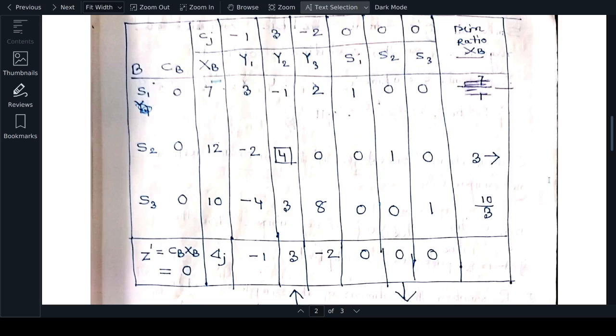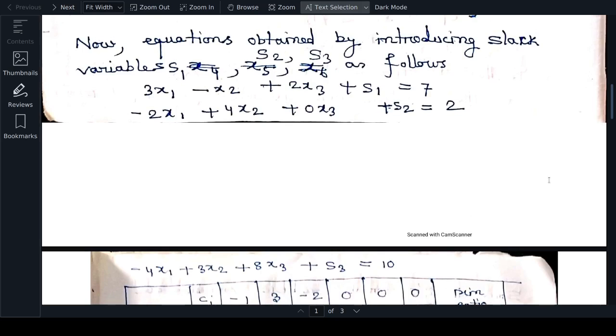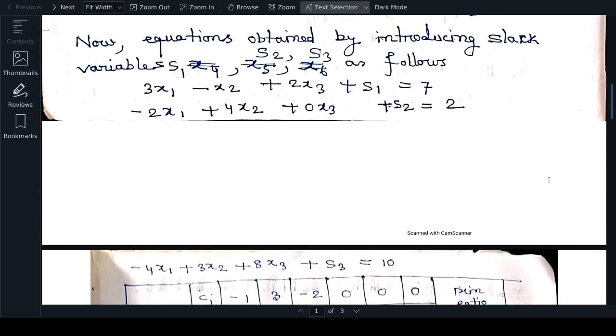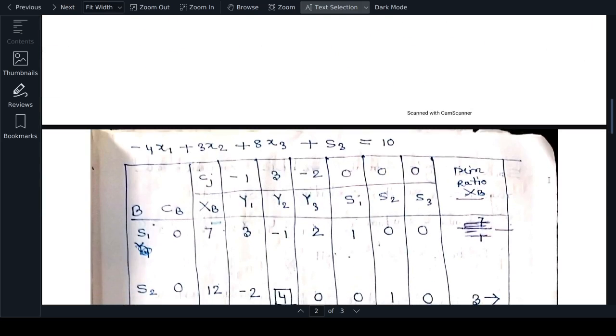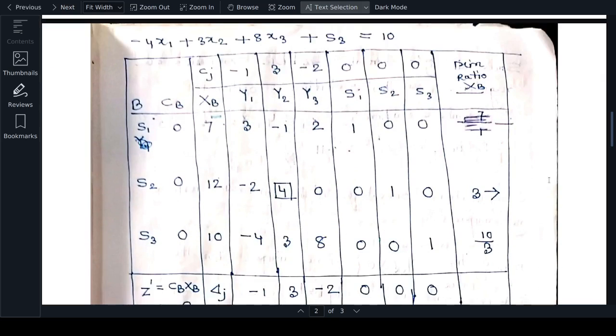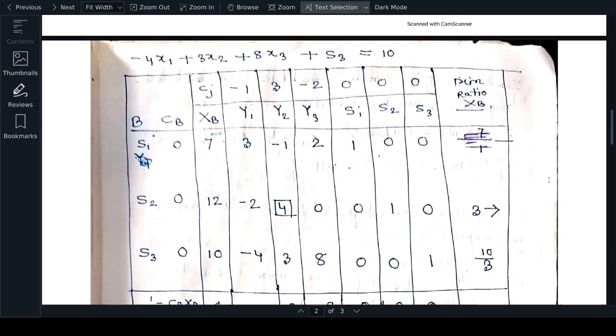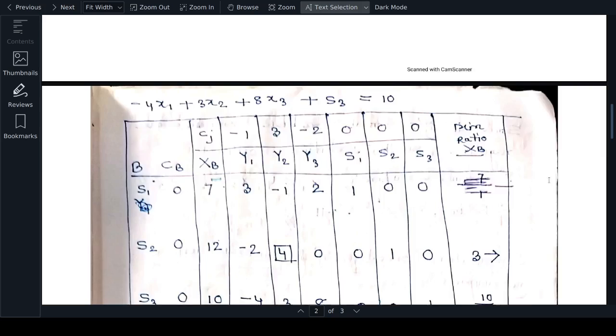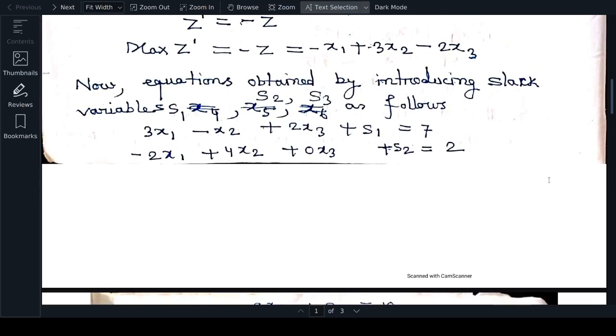Then b is the basic variable, cb is the coefficient of the basic variable, xb is the current basic feasible solution. Then Y1 indicates all the coefficients of x1 of the constraints, Y2 represents all the coefficients of x2, Y3 represents all the coefficients of x3, and S1, S2, S3 are the coefficients of S1, S2, S3.